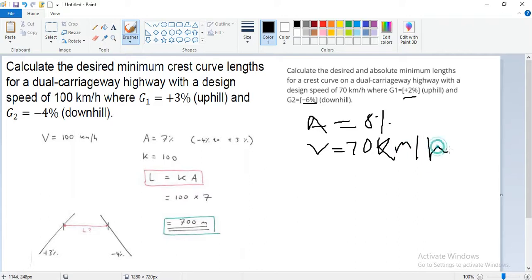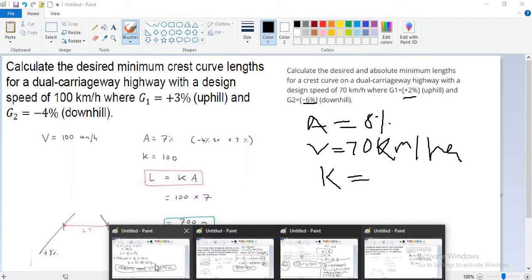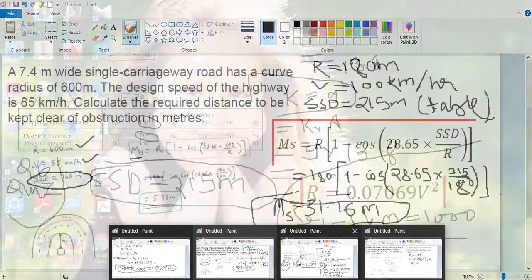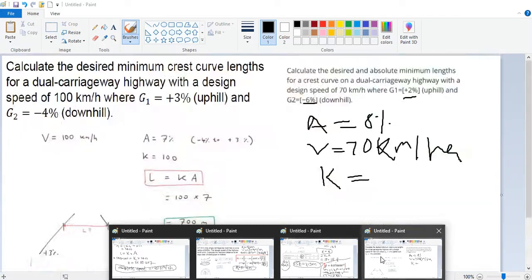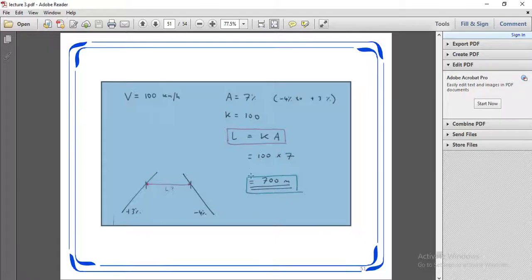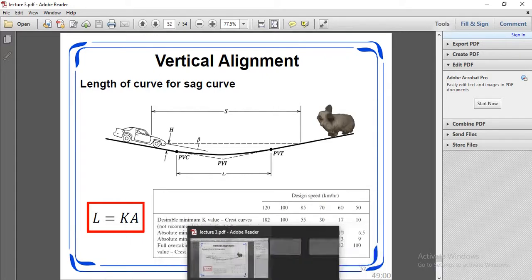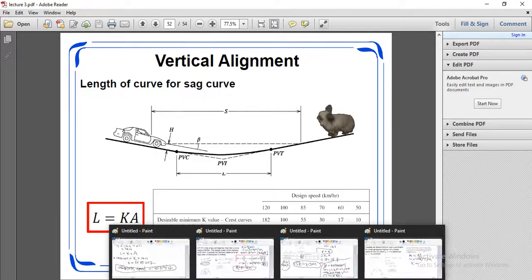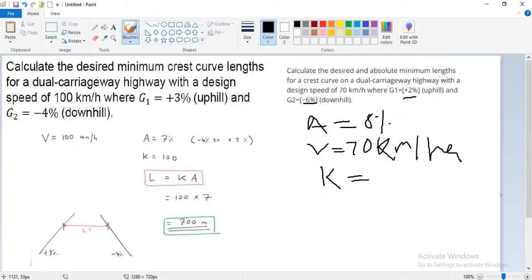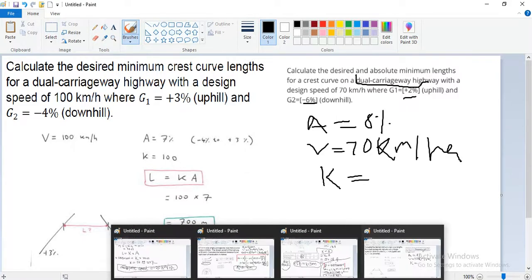Then the value of K will be, in case of this question, for a crest curve of a dual carriageway. This is a dual carriageway highway.